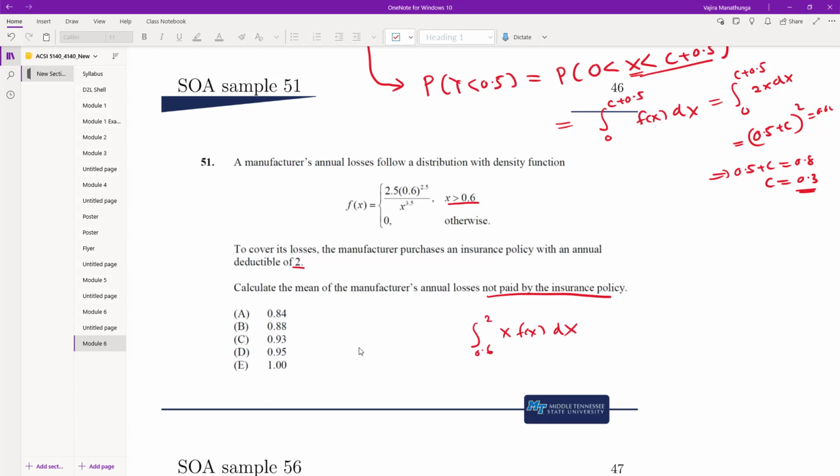To cover these losses, the manufacturer purchases an insurance policy with an annual deductible of 2.